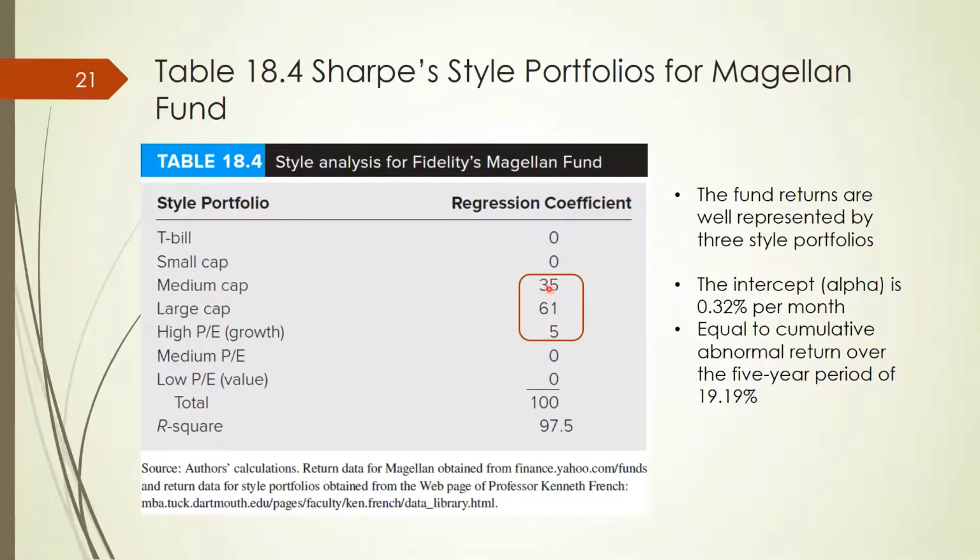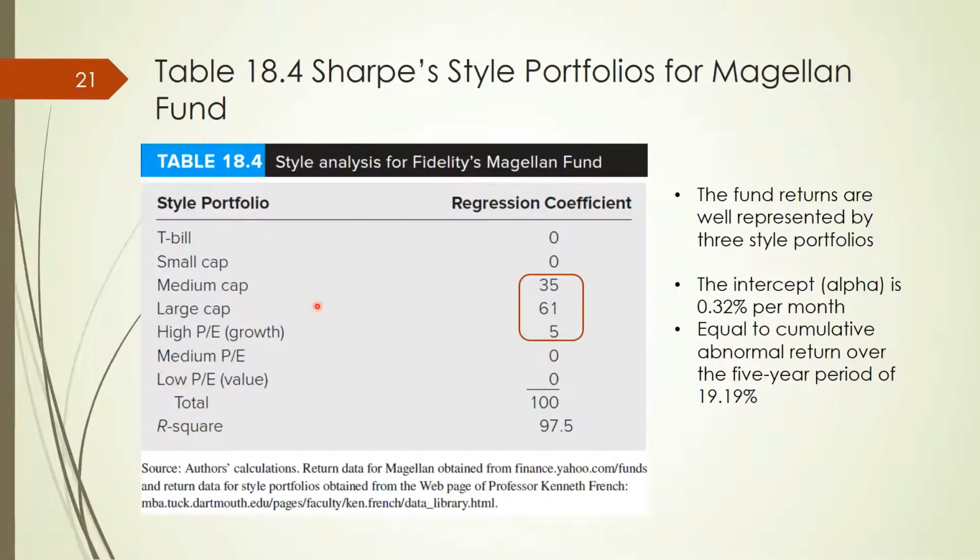The estimation shows that 35% of the return variation of Peter Lynch's fund comes from the medium cap exposure, 61% comes from the large cap exposure, and 5% comes from the growth portfolio exposure.